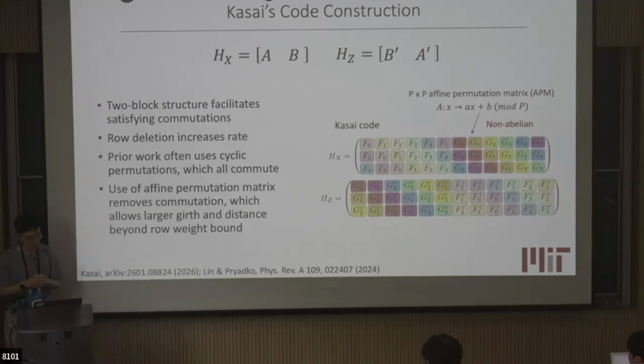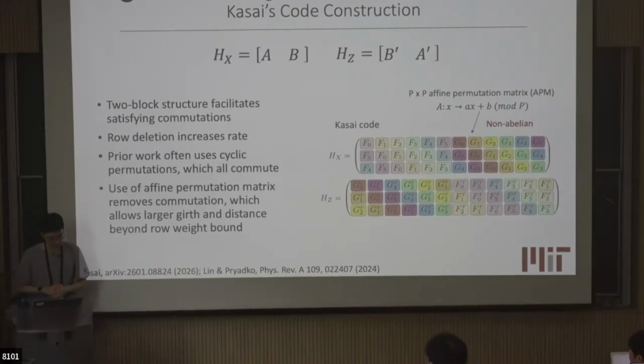And so you have quite a lot of structure to both have some non-commutation, which prevents the deleted rows from becoming logicals, while having enough structure to have commutation between the parts that you do want to be commuting to satisfy CSS orthogonality. This row deletion increases the rate, so you can get something that by design already has something close to rate 1/2.